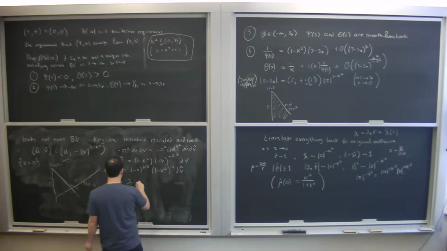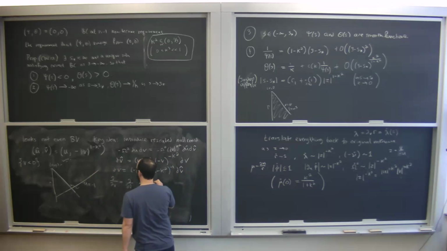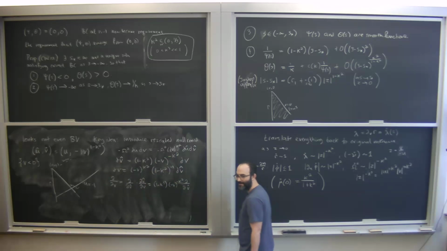If v, okay, yeah, times dv check, dv hat, dv hat dv, all right, so we do that, and then you're going to get 1 minus k squared times minus v to the minus k squared times d times this, right?